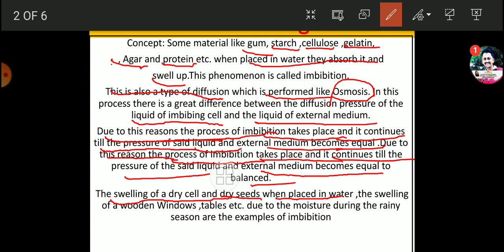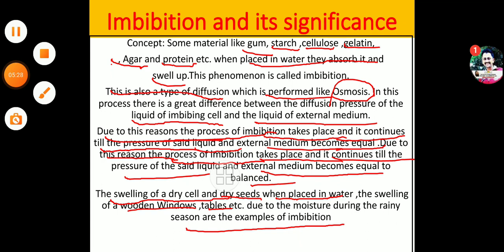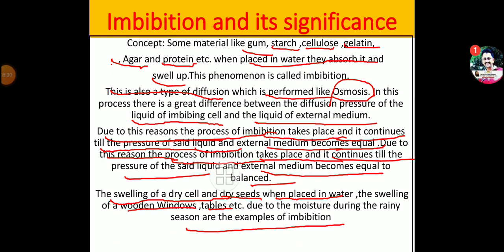The swelling of wooden windows, as I have told you, and of wooden tables, is also an example. If a table is made of iron, it never swells. Friends, students, keep this in mind. These, and the swelling of wood due to moisture during the rainy season, are examples of imbibition. So this is the concept and definition of imbibition.